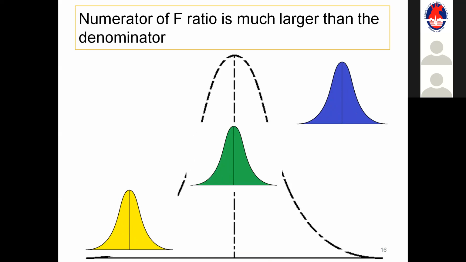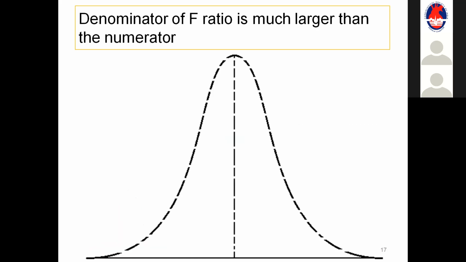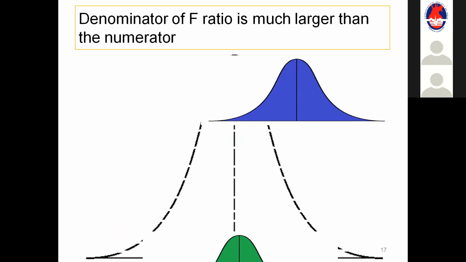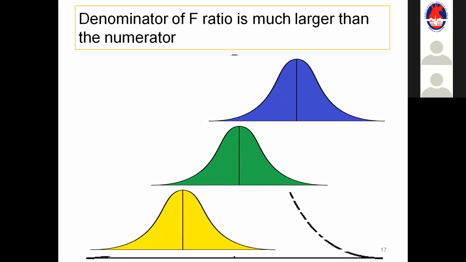In this scenario, the denominator is larger than the numerator. We can see that the individual variance measured in each group is very high, and we cannot judge anything in this kind of situation.